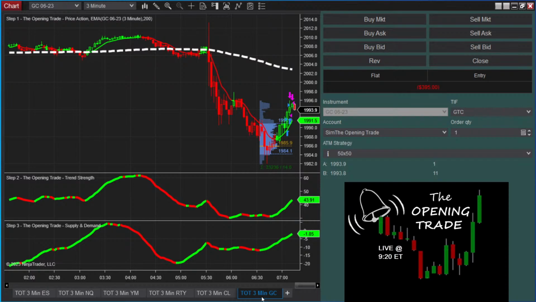Let's take a look. So I'm happy that I closed out of my gold. You can see here that the current candle is open, and I'm not really sure which way it's going to be going.